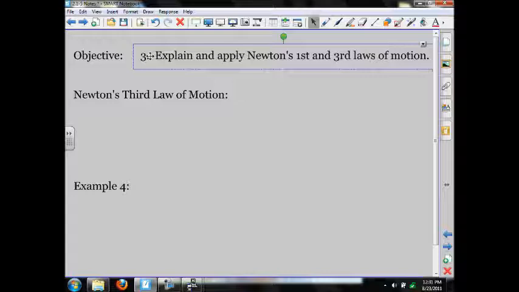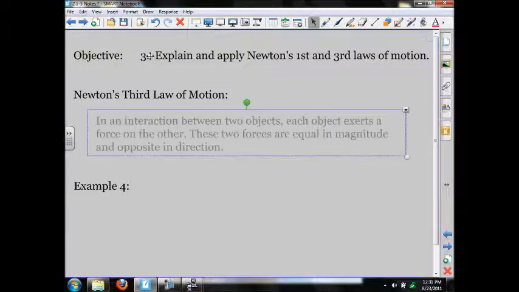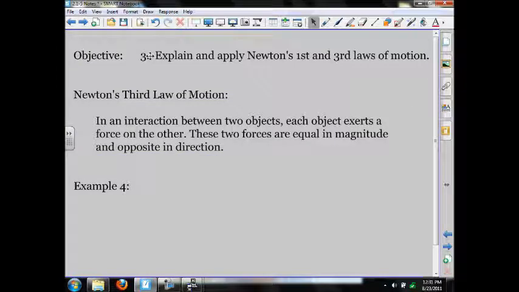Interaction forces between two objects occur in pairs, such that the magnitude is the same, but they're in opposite directions.